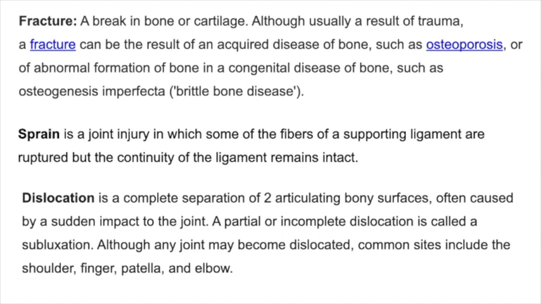Any joint may become dislocated, common sites being shoulder, finger, patella, and elbow. So, like I say, in dislocation, the ligament doesn't remain intact. In sprain, the ligament remains intact, but not in the dislocation.